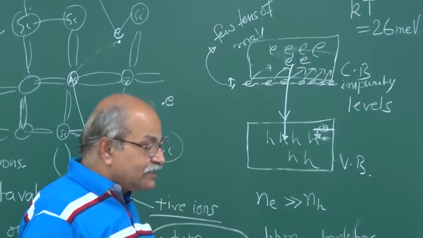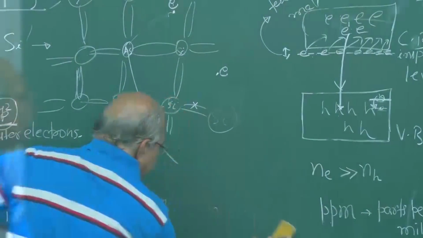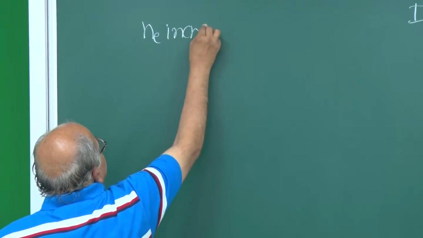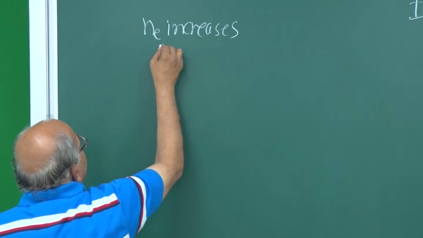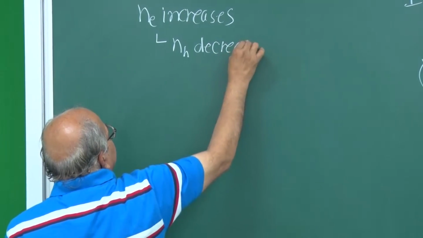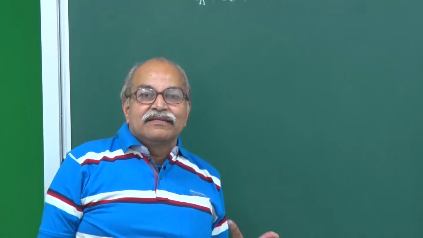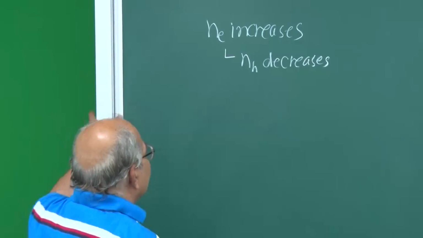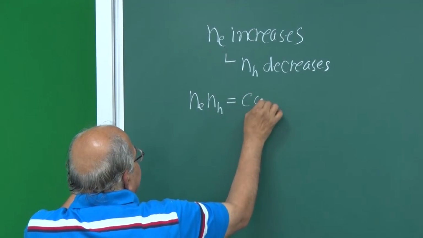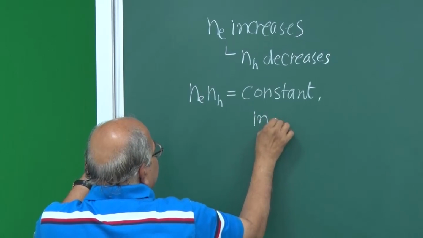So through this doping Ne increases, and at the same time NH decreases. And there is a very simple and interesting relation between them, and that relation is Ne into NH remains constant, independent of doping concentration.